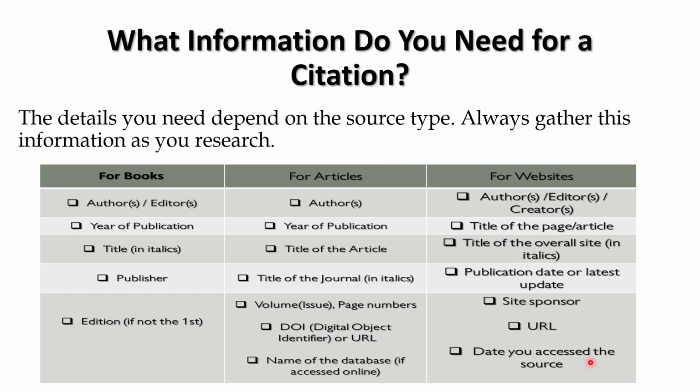APA recommends including an access date for online content that might change over time. For example, you include retrieved, the date, then the month and the day. For example, March 18, then comma, then the year of publication.